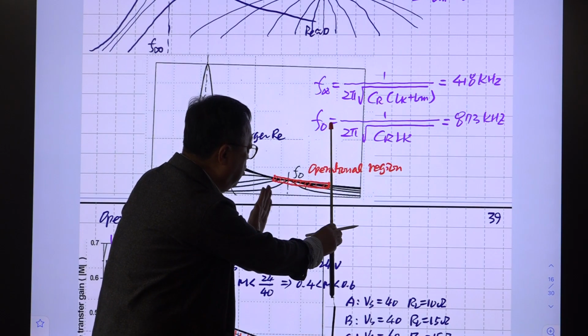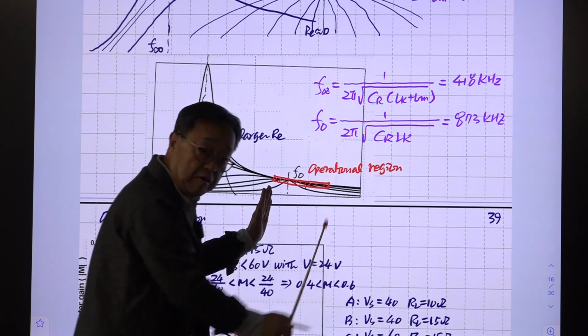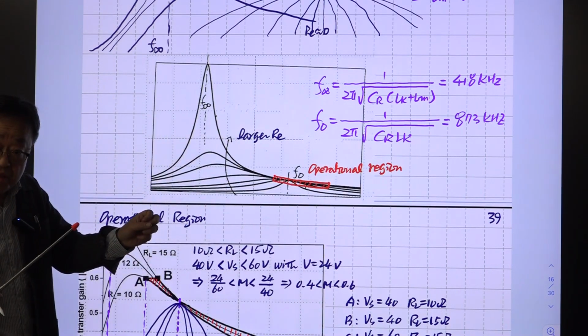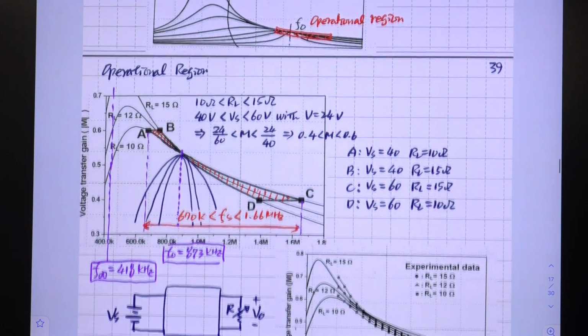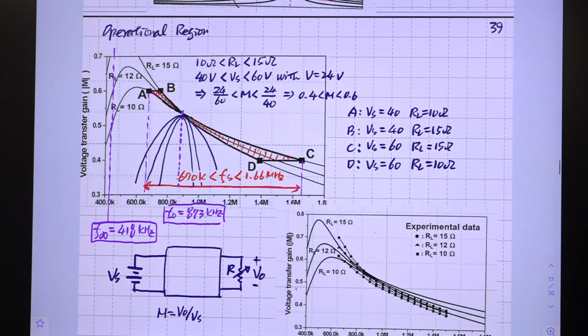Maybe 5 kilohertz to 1.5 megahertz, which is huge. Right? But that is what we found out finally. So we didn't modify our design. We kept on going to our goal. This is very important.